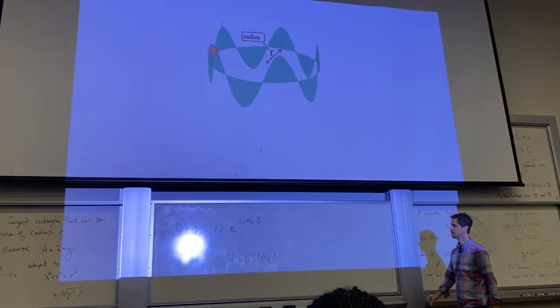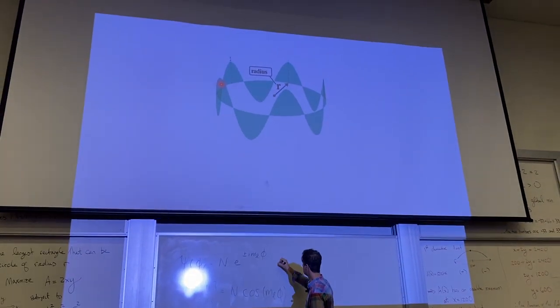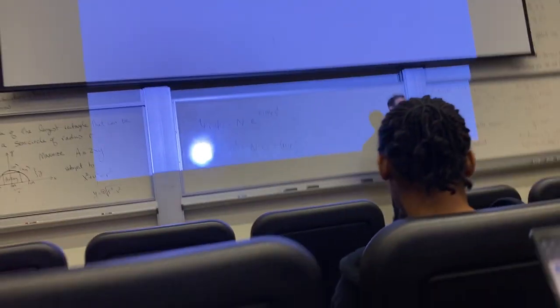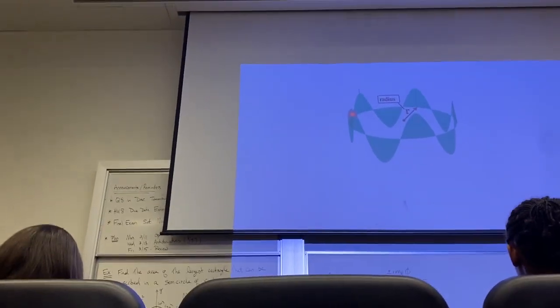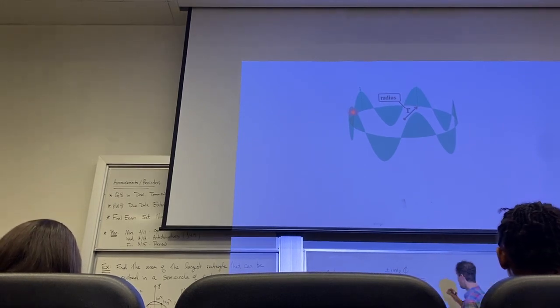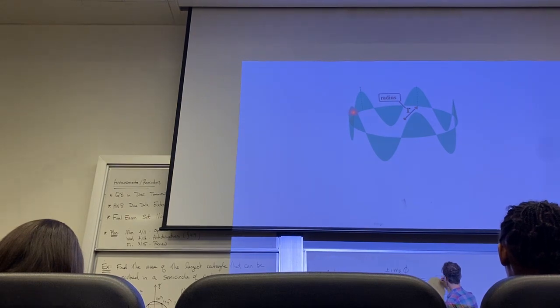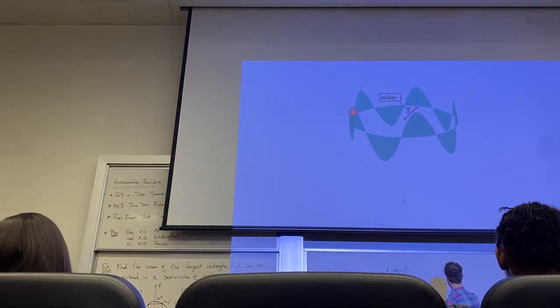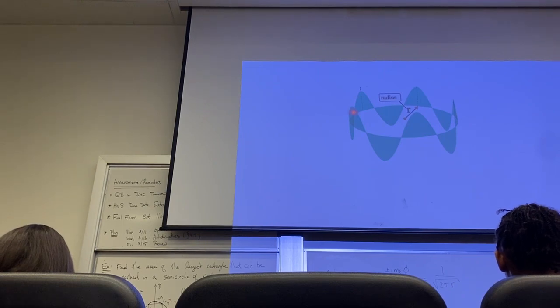So this function then I can write as follows. The normalization factor, maybe you remember this. We have done this normalization factor several times for this situation. The normalization factor is 1 over the square root of 2 pi r, where r is the radius of the ring.